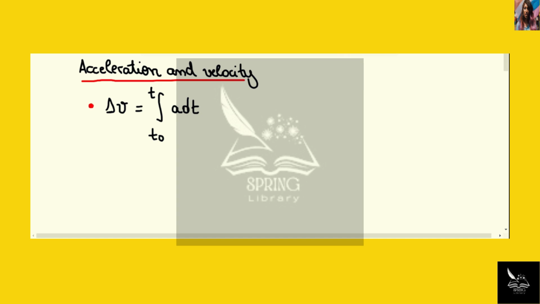The change in speed, or in this case the change in velocity, which is equal to the final speed at a time t minus the speed at time t0, is equal to the integral from t0 to t of the acceleration times dt. This is all the information we need in order to solve the exercise.